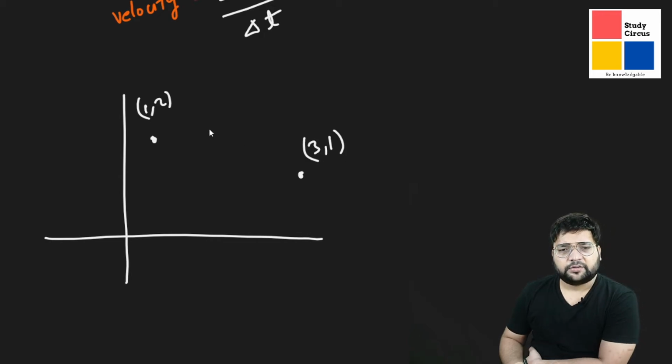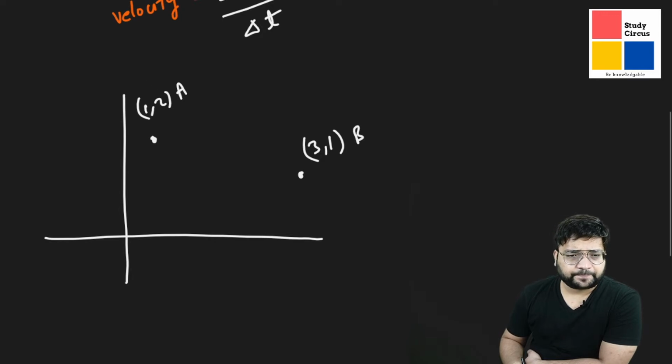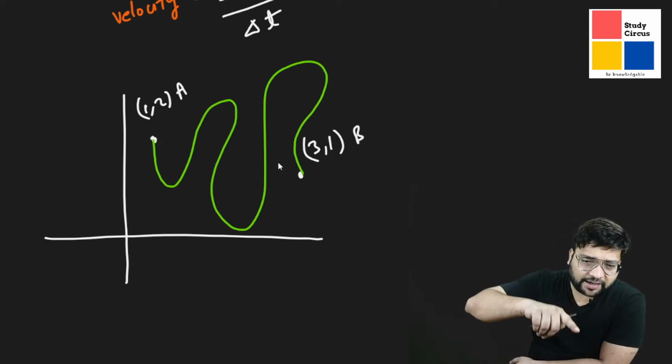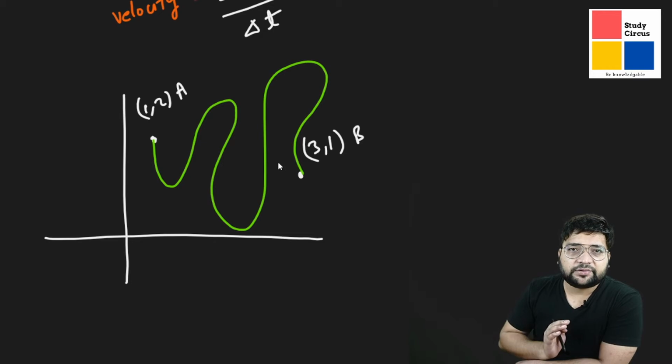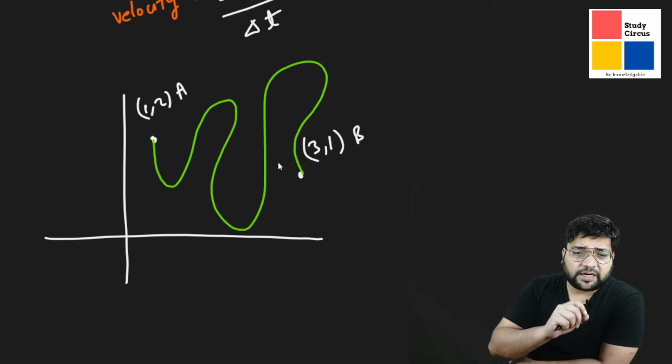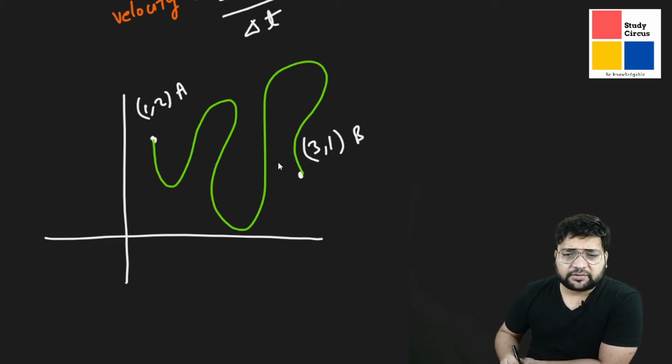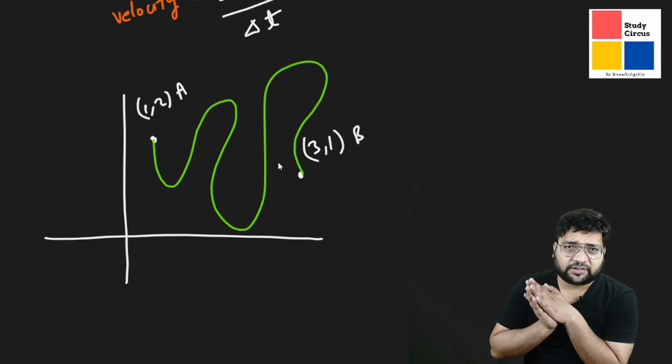This point is, let's say, A, and this point, the name is B. Now if someone takes a random path to go from point A to B, the length of that green line is the distance traveled by that person or whoever is traveling. Because that is the distance traversed by the point. So that is distance. It has no particular direction, right?